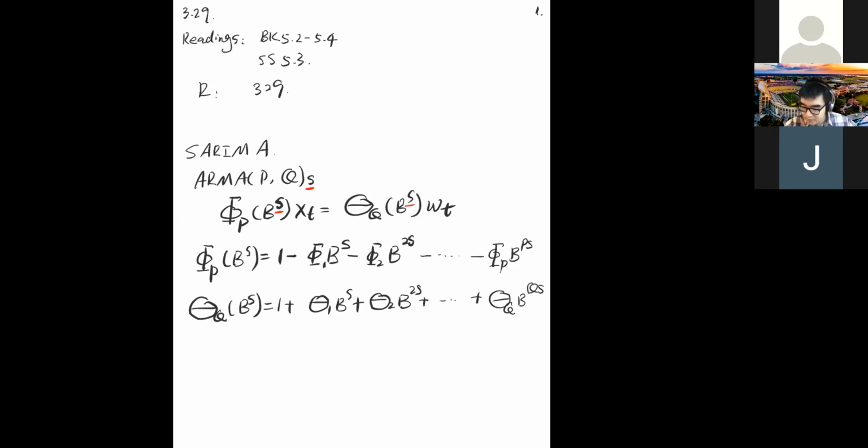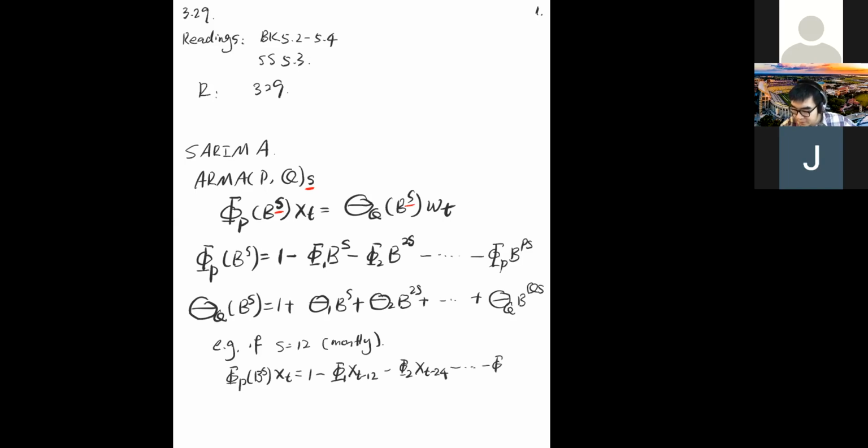For example, if S equals 12, which is usually what we use for monthly data, then Phi_P(B^S) X_t is equal to 1 minus phi1 X_t minus 12, minus phi2 X_t minus 24, all the way to phi_P X_t minus P times 12. Usually in the ARMA model, what we put here is X_t minus 1, X_t minus 2, all the way to X_t minus P. But here we put 1 times 12, 2 times 12, and P times 12. So that's the key difference.